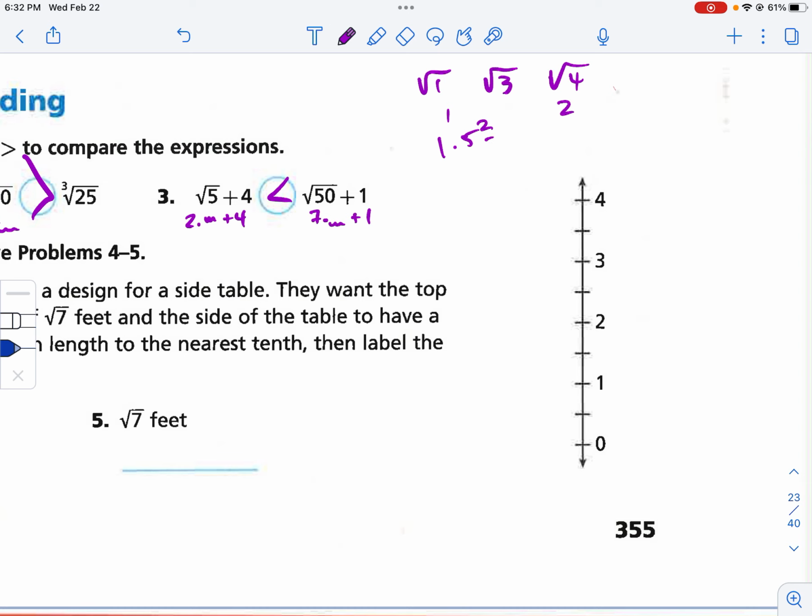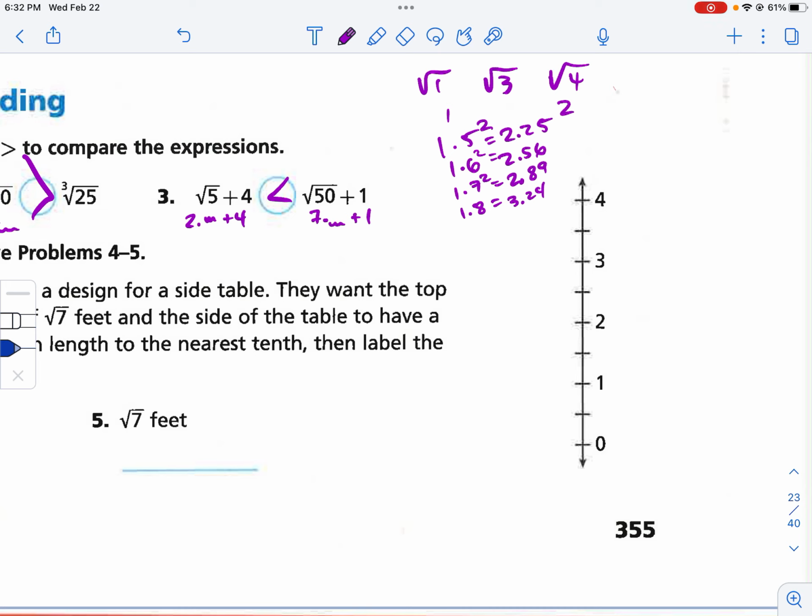1.5 squared equals 2.25. 1.6 squared is going to get 2.56. 1.7 squared is going to get... Why can't I do 289? 1.8 squared is going to get 3.24.